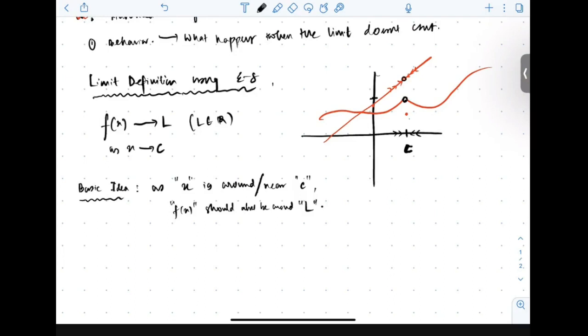Similarly, as x is near c, f(x) is also around L. In sequences, there is only one way to go to infinity: as n is greater than a certain big value, for all such values f(n) should be around L. That was the idea of sequential behavior. So around infinity means after a certain value. So this is the basic idea.